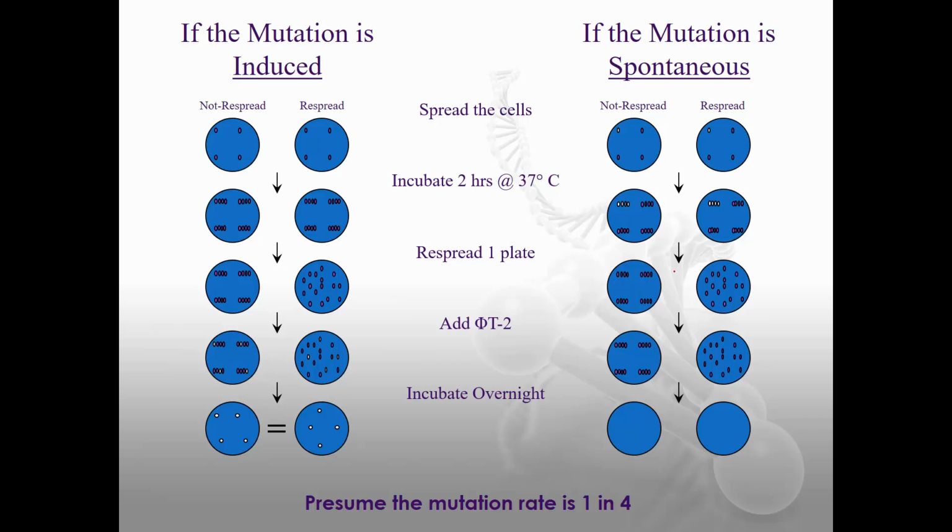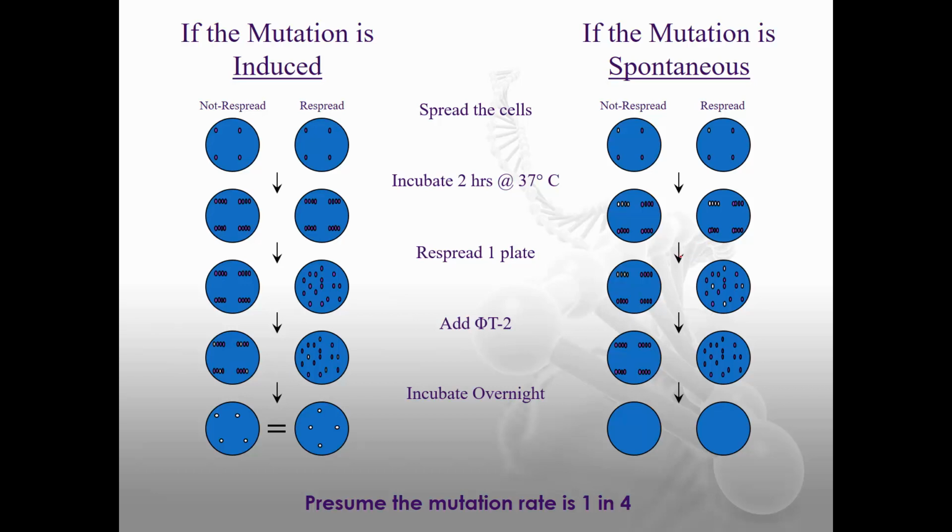And then we mess with them, right? One plate we leave alone, and the other plate we're going to spread all of these microcolonies around. The wild types are going to get spread around, the mutants are going to get spread around, and they're going to get intermingled.